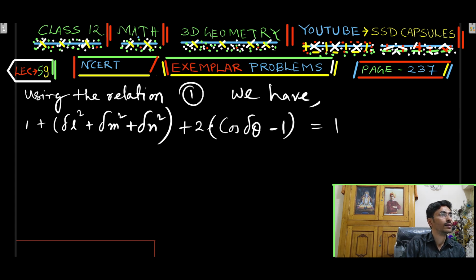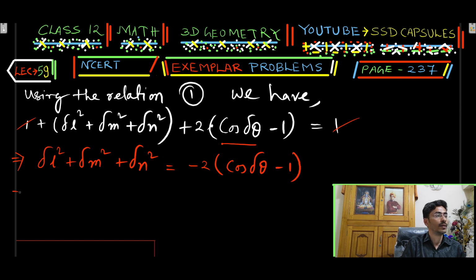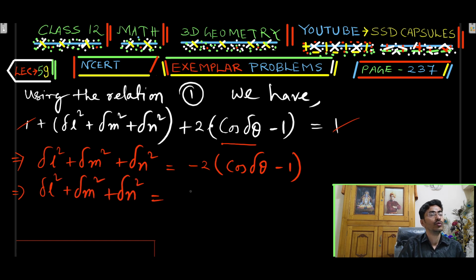That 1 will be cancelled out from both sides, right? So this implies ΔL² + ΔM² + ΔN² equals, if we take this term to the right hand side, it becomes −2(cos Δθ − 1). So ΔL² + ΔM² + ΔN² = 2(1 − cos Δθ).